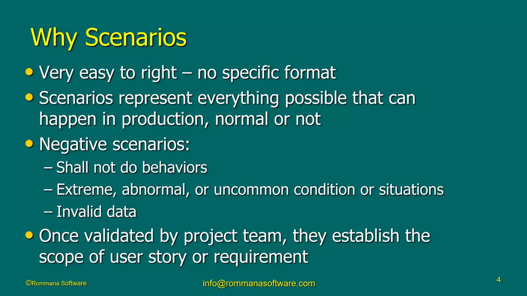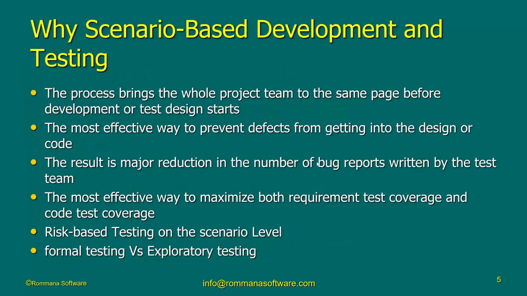And the development team also wrote the code and the design based on the same scenarios. So it's a no-brainer. We simply bring user acceptance testing to the front end, we develop scenarios, and so on. Well, I'm going to let you investigate and read enough about my approach to scenario-based development and testing.